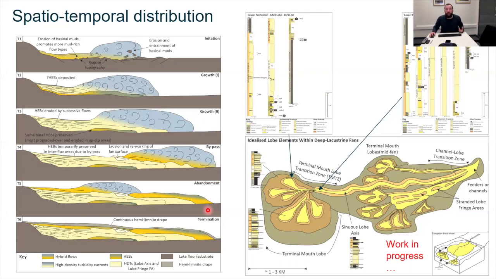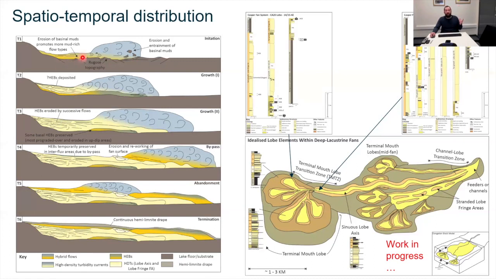So to explain what I mean by that, I'm just going to go through this very quickly. We'll come up with that model that you might have hybrid event beds in the early initiation phase of the fan. Certainly the evidence shows that we see hybrid event beds form just initially below the main lobe axis deposits.